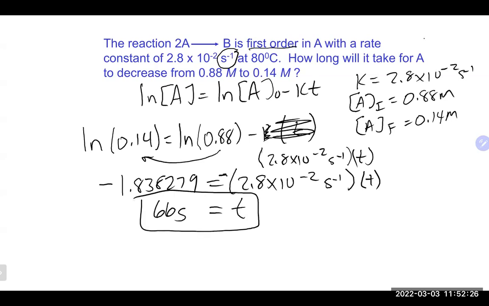Any questions on the math there? So in this case, 66 seconds, just about a minute, it takes for the concentration of this reaction to drop from 0.88 to 0.14. That's pretty quick. It drops pretty fast. Any questions on any of that? Okay.